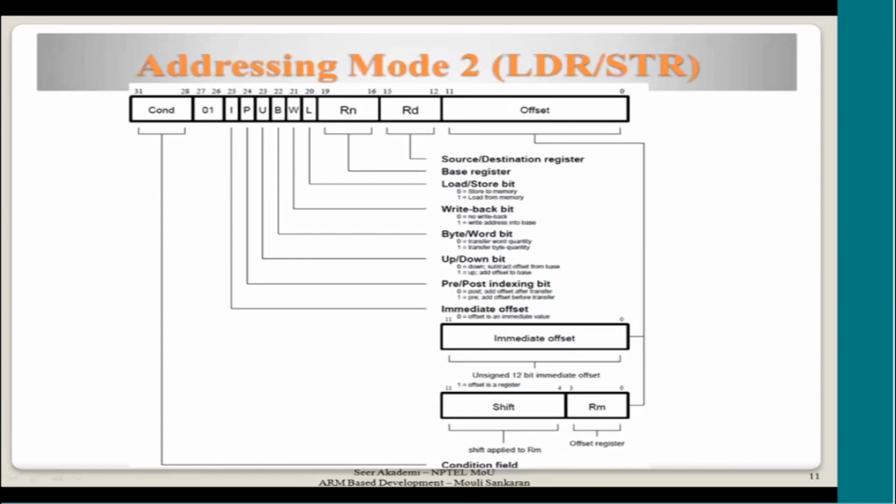This offset is computed and added to the base register, which is mentioned by this value. It could be anything from R0 to R15, and then at that address, whatever is the content in the memory is either written into or read into this destination register. Okay, this is a simple explanation of this format. Okay, let us go forward.